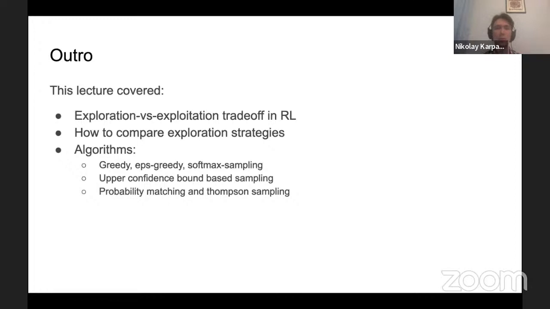So let's summarize what we have covered today. Generally, there is an exploration versus exploitation trade-off in reinforcement learning.